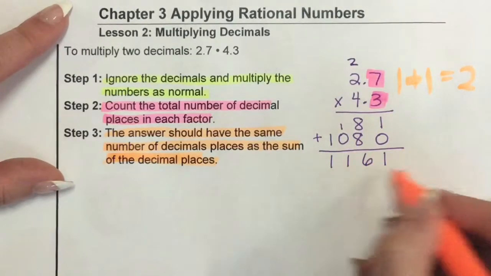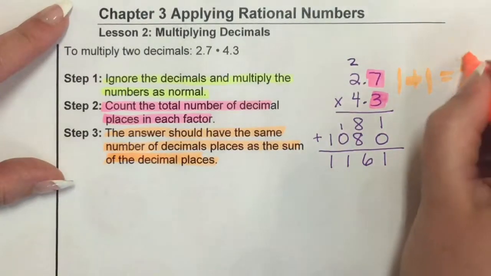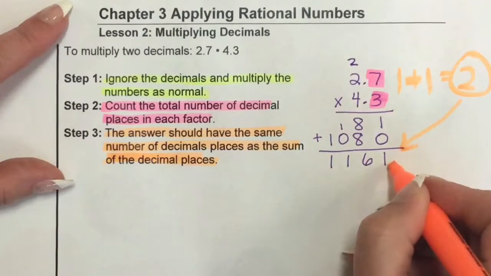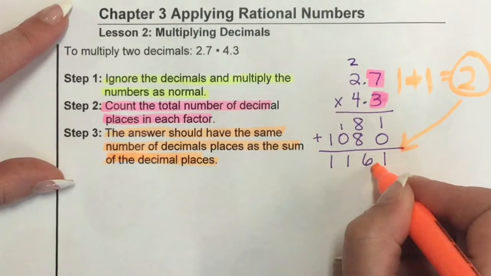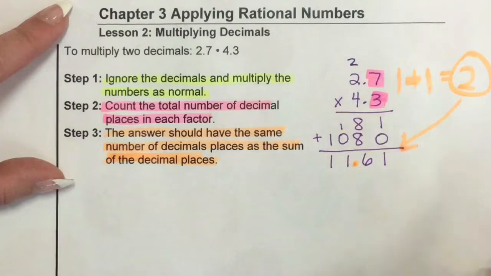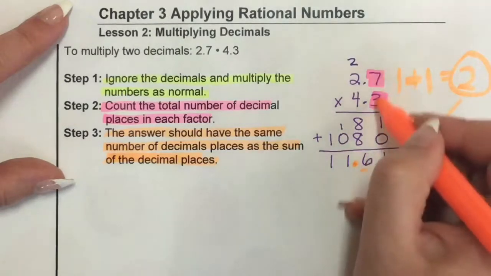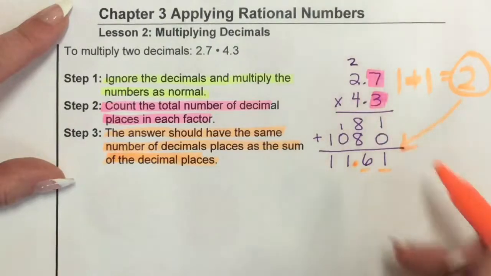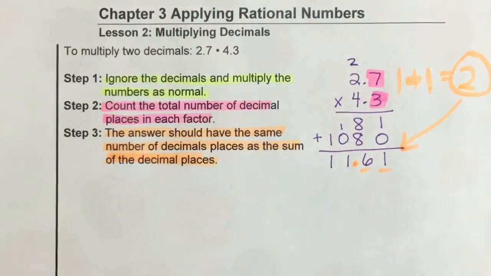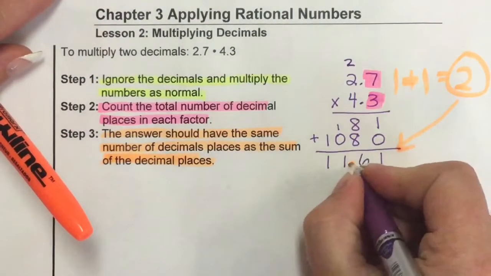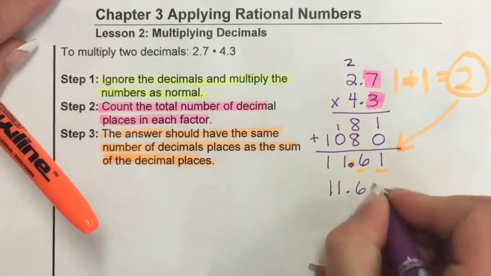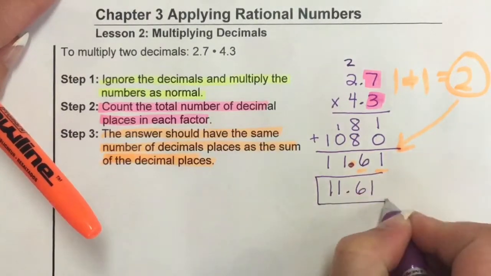That means in our answer, we need 2 decimal places. If we start here, that would be 1 decimal, that would be 2. So we have 2 decimal places, which is the same as the sum of the decimal places up there. So that means our answer is actually 11.61, and that's how you multiply decimals.